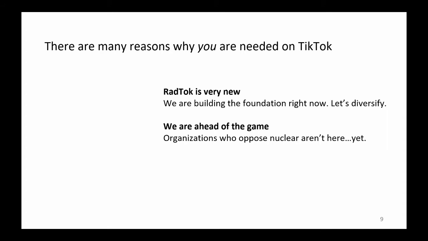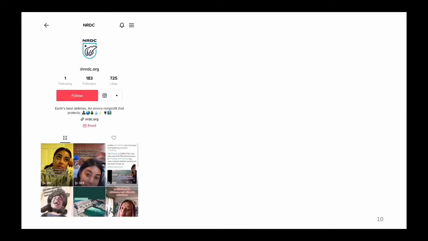So I have a few examples of some other organizations that we typically think are anti-nuclear, those who oppose nuclear, that really have very little presence on TikTok. For example, NRDC, they have 183 followers. They basically don't exist.